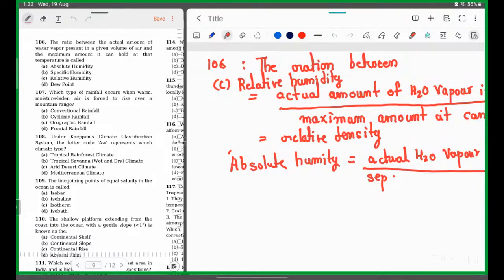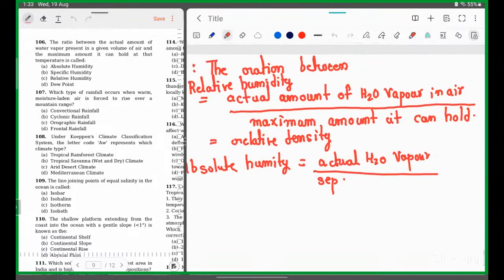Actual H2O vapor upon specific volume of air.